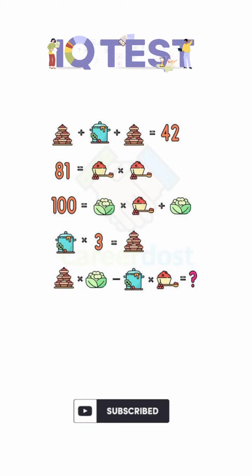So look at question 1. Let's go to question 1. I am using the fourth equation, which is the blue pot times 3 is equal to that Muffin Mountain over there. So in equation 1, in place of the brown mountain food, I'll put 3 times the pot over there.